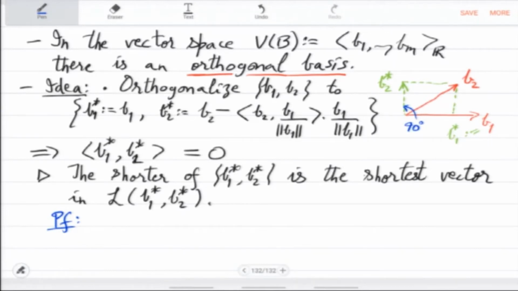In fact, the proof is just by looking at a combination: alpha 1 B1 star plus alpha 2 B2 star. If you look at the norm, again the Euclidean norm, this is just a sum of squares.